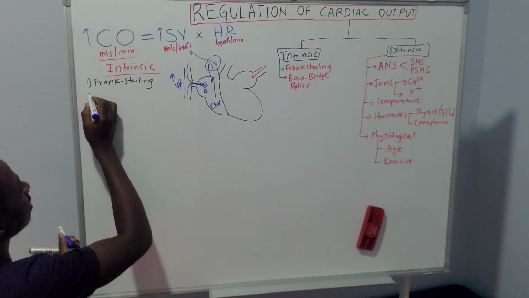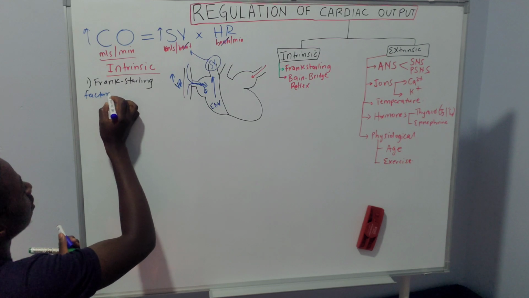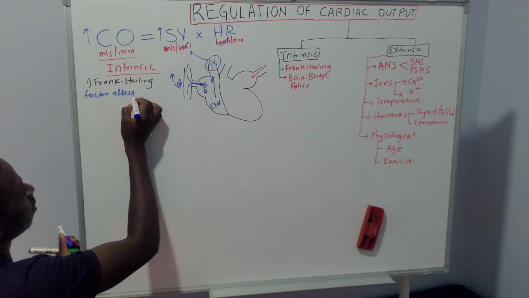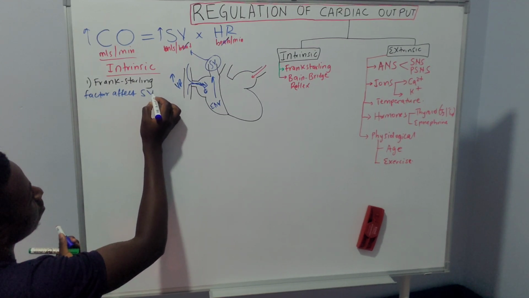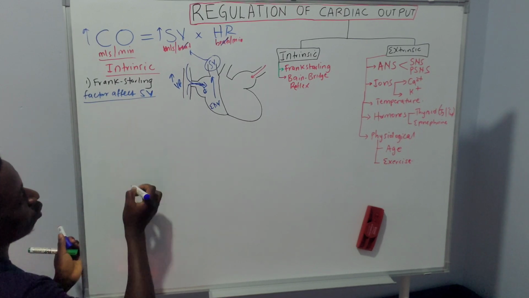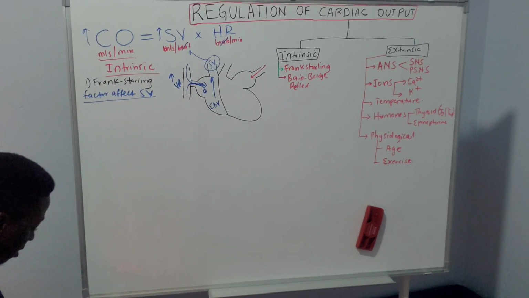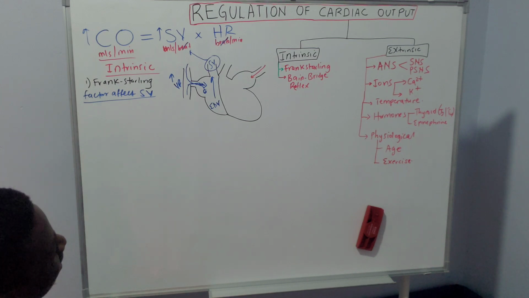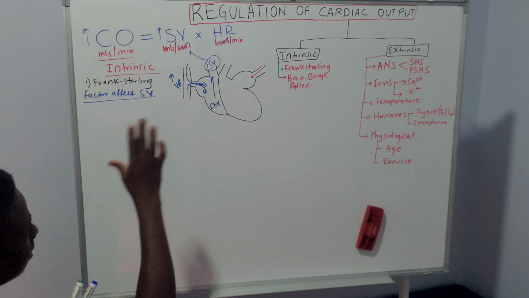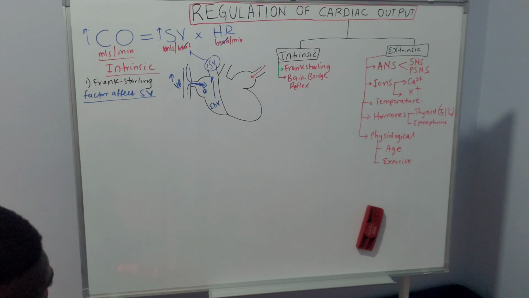So what are some of those factors that will affect the stroke volume? The first thing, stroke volume will be affected by what we call the end diastolic volume. But broadly, we can put them together.